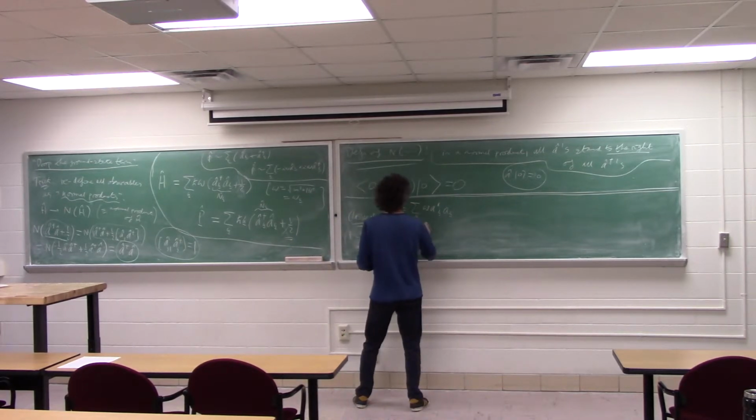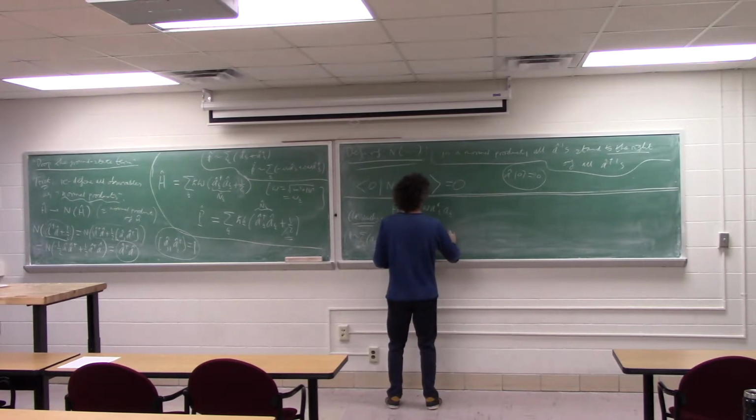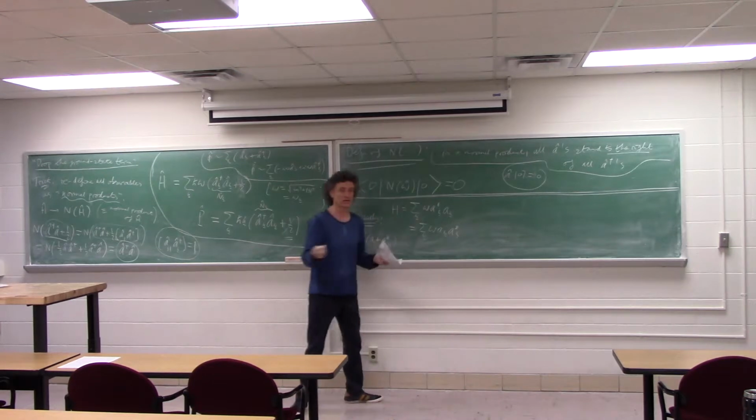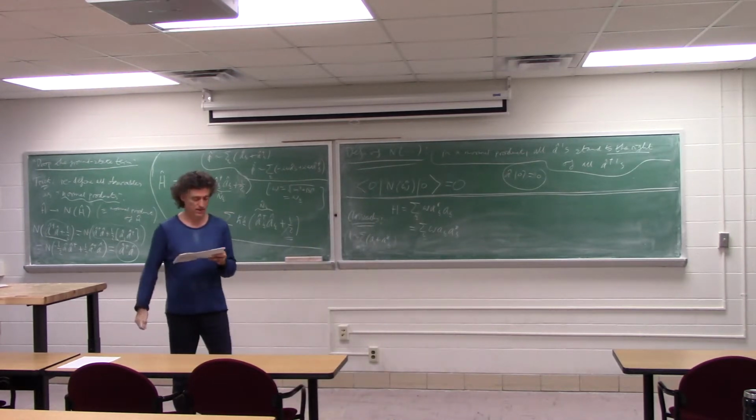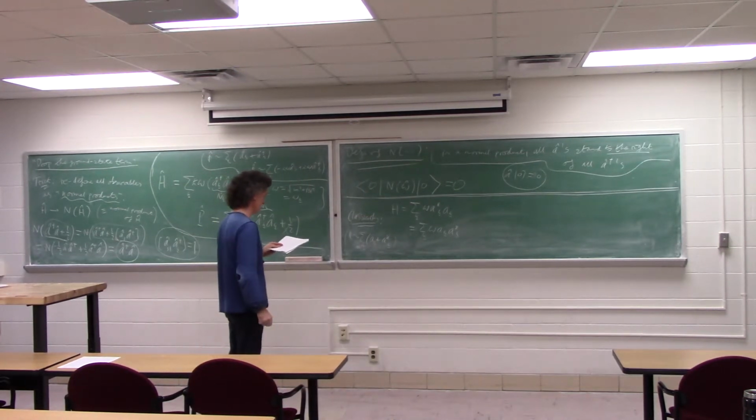I could equally write this as omega A K A star K. The order doesn't matter because they're just classical C numbers.